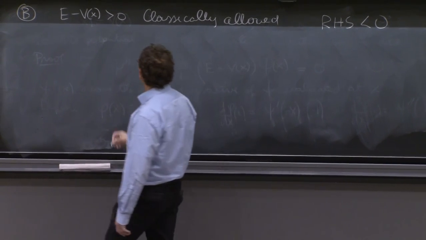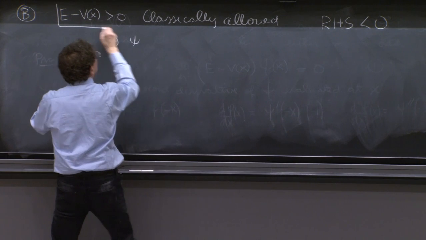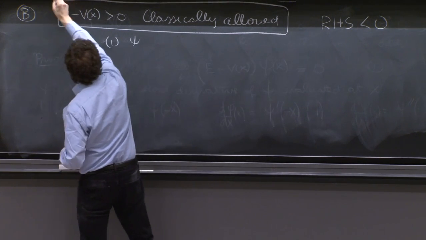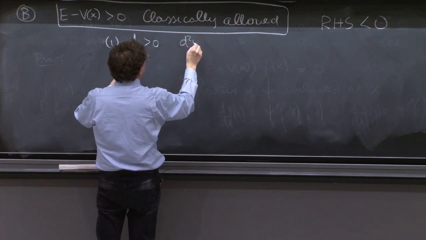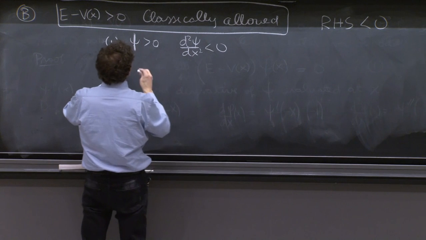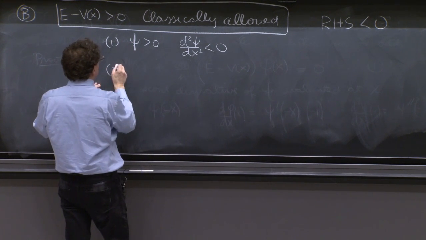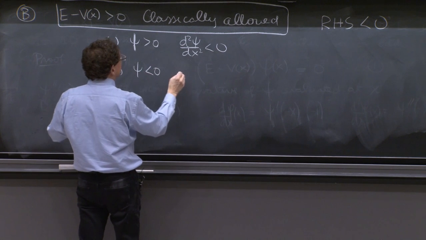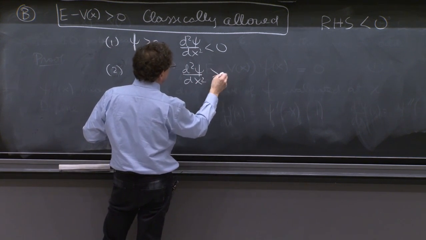So you can have a psi that is positive and a second derivative that is negative, or a psi that is negative and a second derivative that is positive.